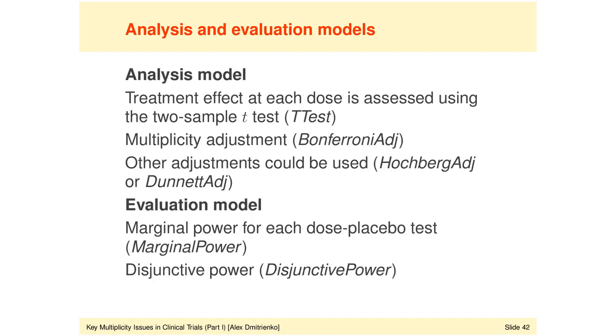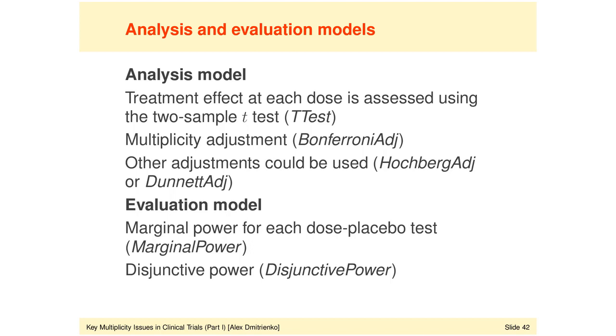This slide 42 defines the individual elements of the analysis and evaluation models. First of all, the treatment effect at each dose is going to be assessed using the 2-sample t-test, which is requested using the keyword t-test. We're going to apply here, mostly for the sake of illustration, the Bonferroni adjustment, which is requested using the keyword Bonferroni adjust.